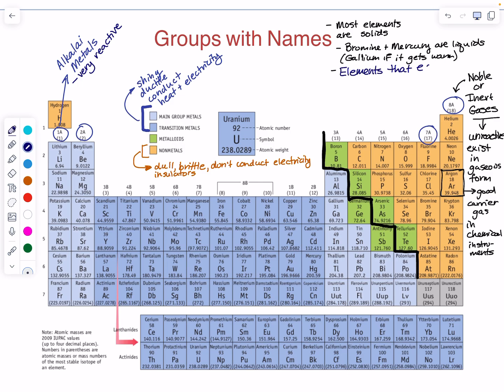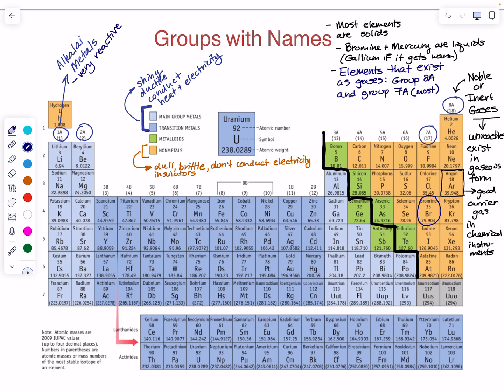So elements that exist as gases are, again, group 8A, that's our noble gases, and group 7A. Most of them, okay? So group 7A, we know that bromine, again, this is one of our exceptions, exists as a liquid, okay?